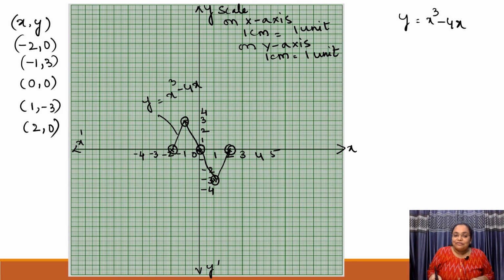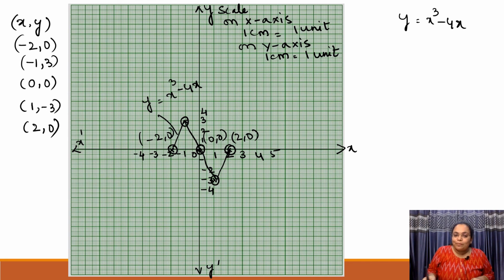So this graph cuts the x-axis at 3 points, right? Here, here and here. So what are the points it cuts at? Minus 2 comma 0, 0 comma 0 and 2 comma 0.